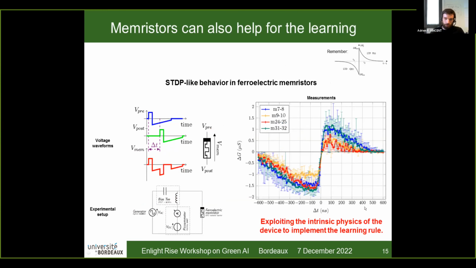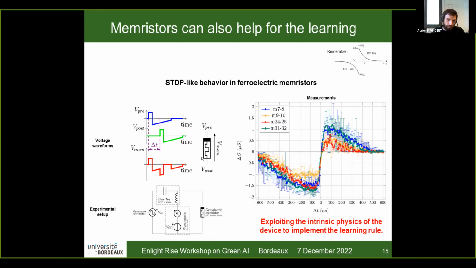But memristors can also be helpful with the training phase, i.e. the learning. I won't go into many details, but that's the example for a ferroelectric memristor, and you will get the same feature for all the other memristor technologies.